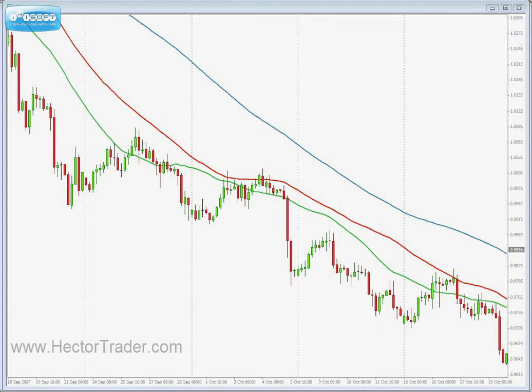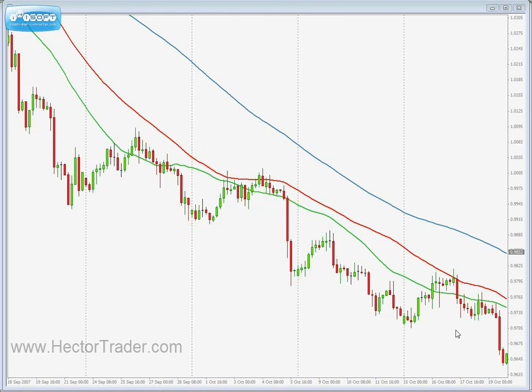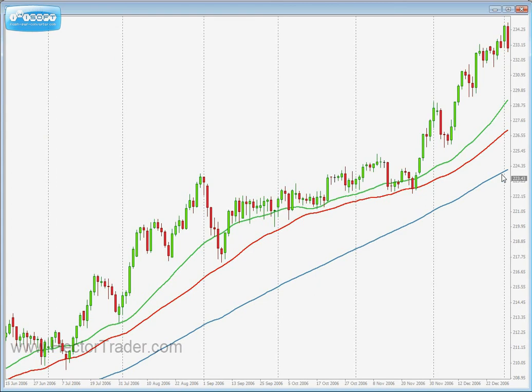So as far as this video is concerned, don't worry too much about entries, but just mind the harmonic swinging formation, and keep an eye on the dynamic area of support and resistance, all right? Okay, another chart, why not?